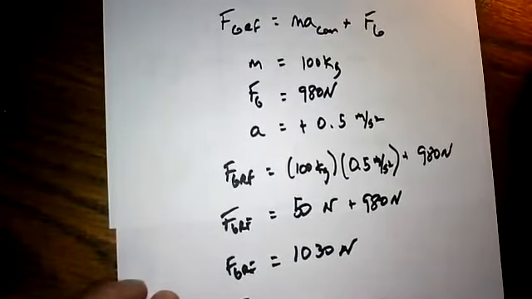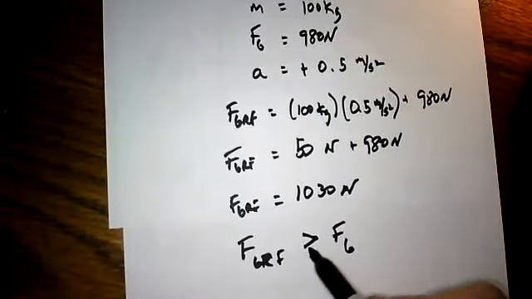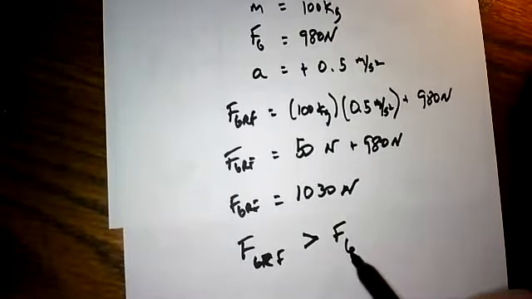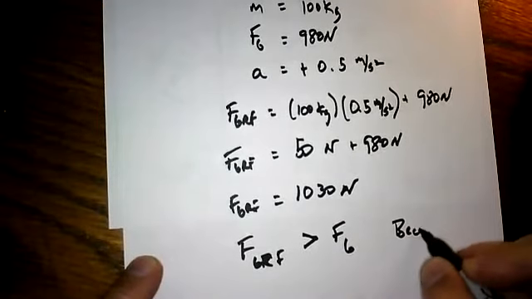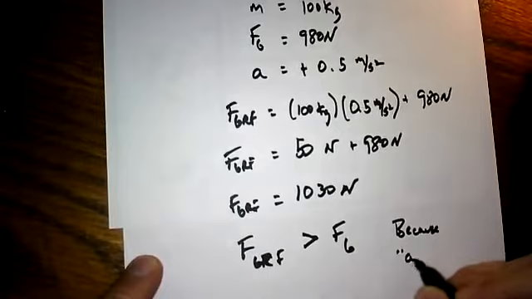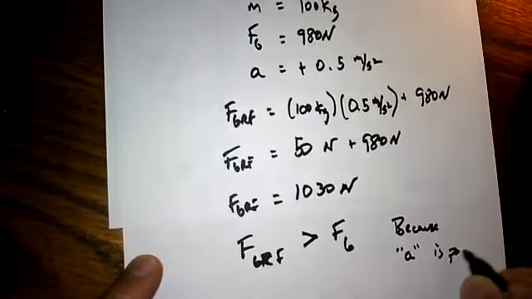Or the more general statement here that I like to talk about is the ground reaction force will be greater in magnitude than the force of gravity, because A is positive.